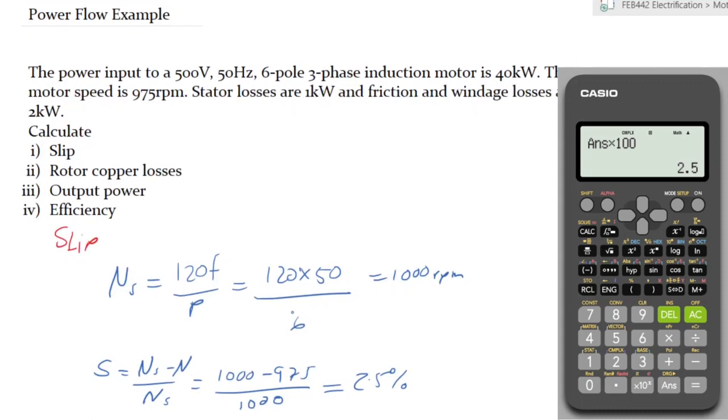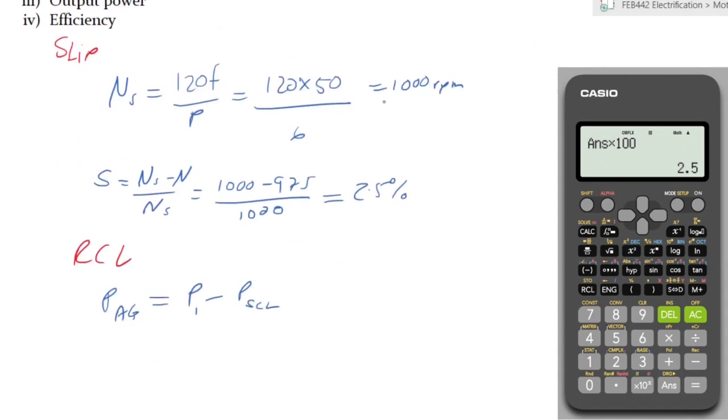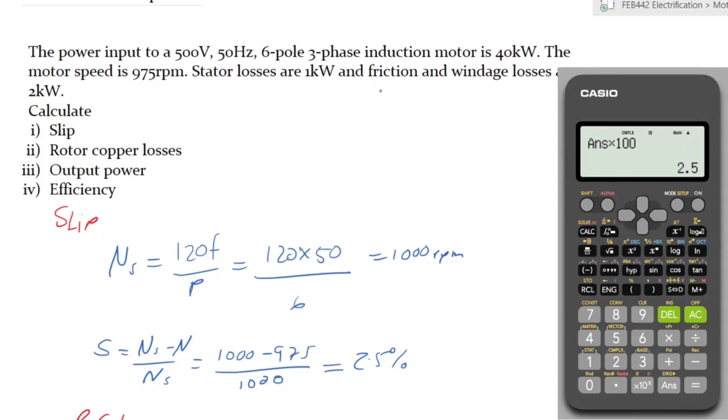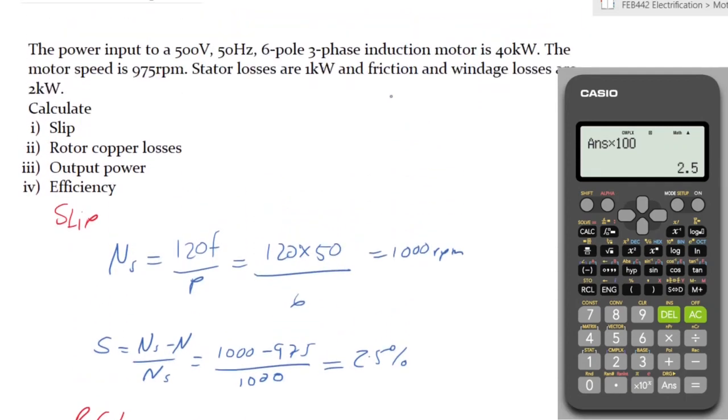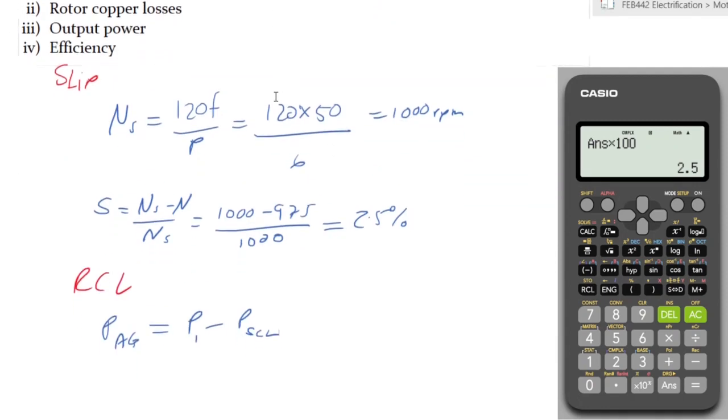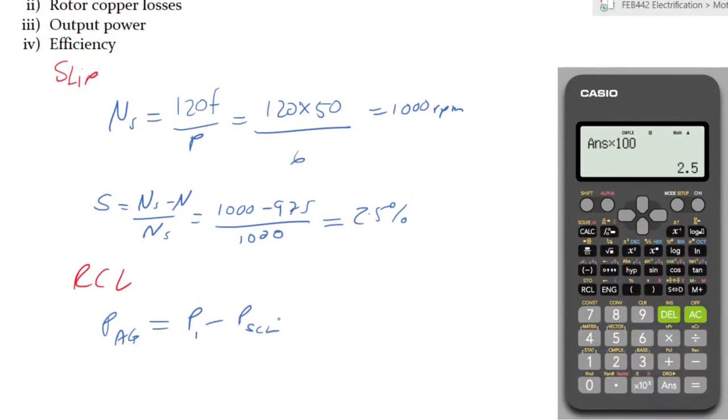Now, in this case, we are not given core losses. We should have deducted core losses, but usually what happens is that they indicate the core losses separately, or rather, they combine the core losses with friction and windage at the end. In terms of engineering, sometimes it is easier to do that. But for purposes of this example, we are disregarding core losses. So let's just say P core is equal to 0.